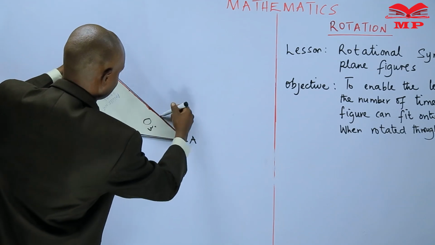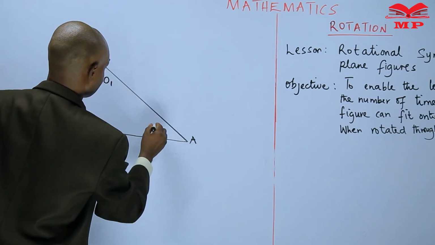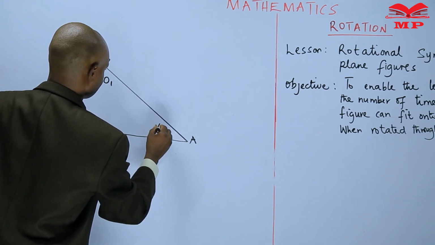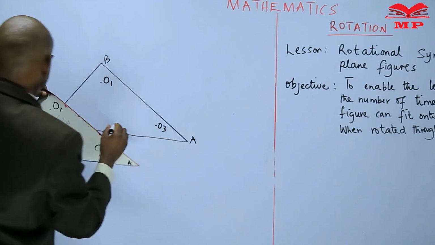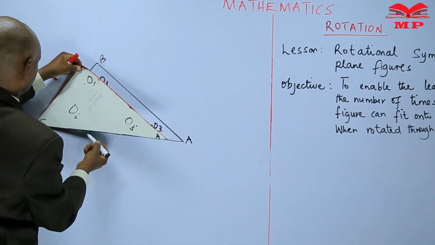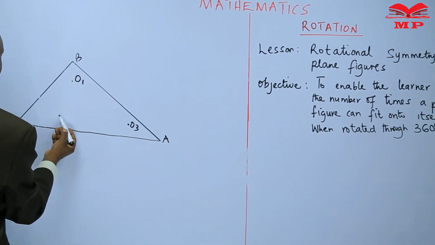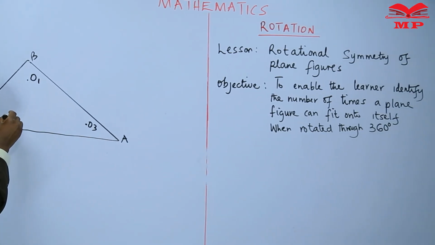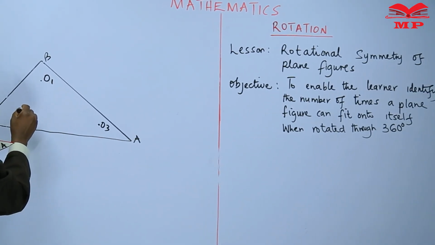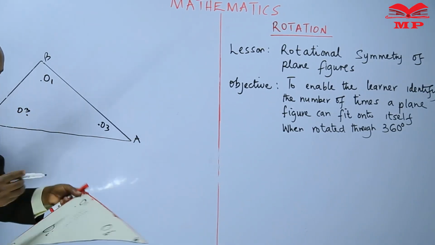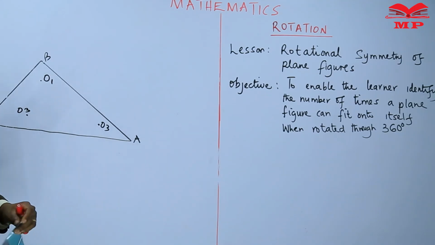Center 3 is somewhere here, O3. O2 is somewhere here. Those are the 3 centers. So I should look for a way to rotate that.